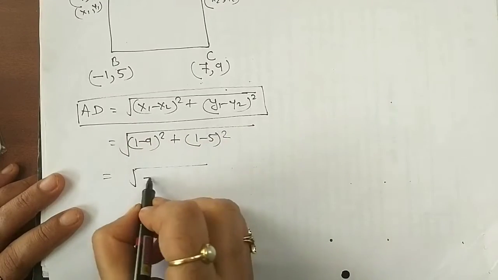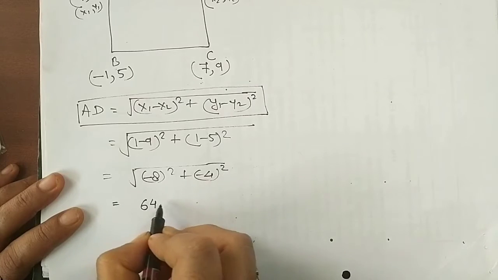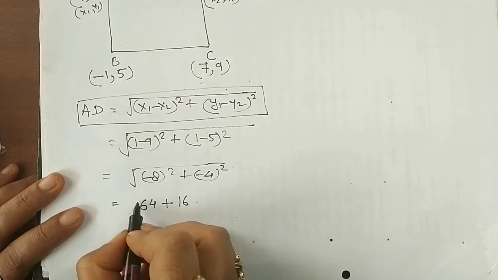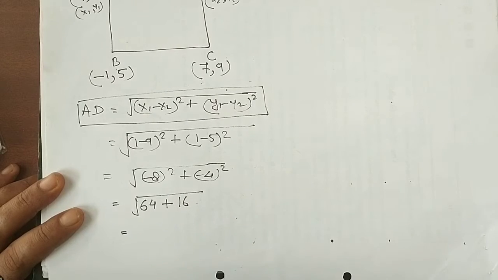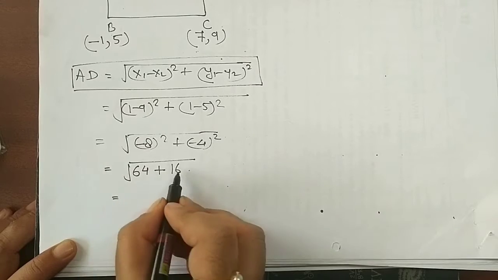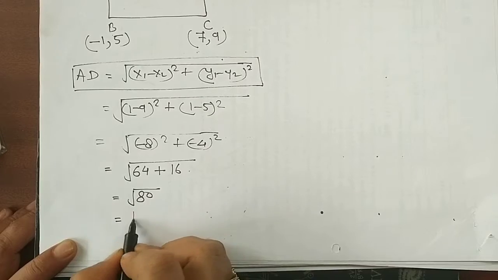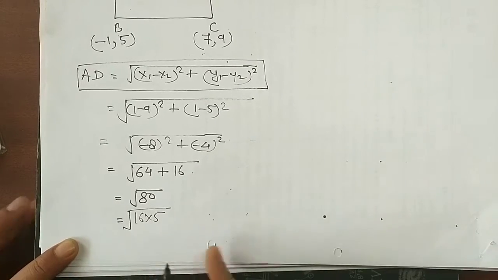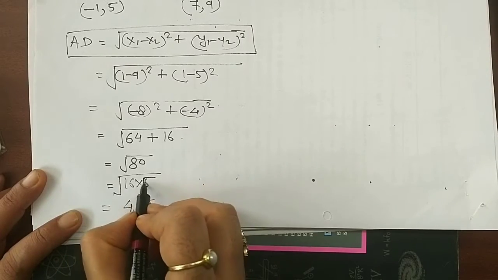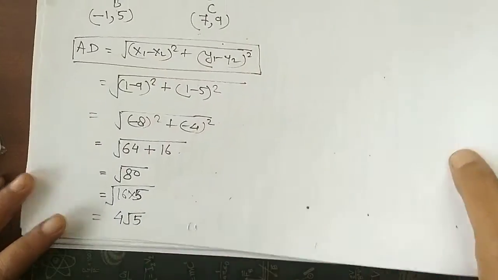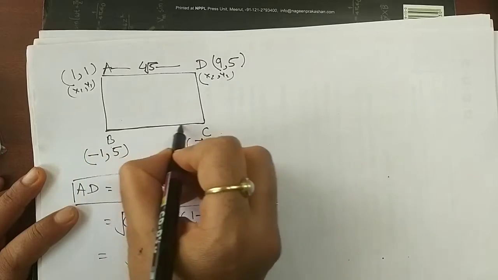What is this? (-8) squared plus (-4) squared, which is 64 plus 16, which is 80. So root of 80. Root of 80 can I write as root of 16 into 5. 4 will come out, so it becomes 4 root 5, because 5 will remain inside. So this is my AD, let me write it here: 4 root 5. Now let me calculate BC.